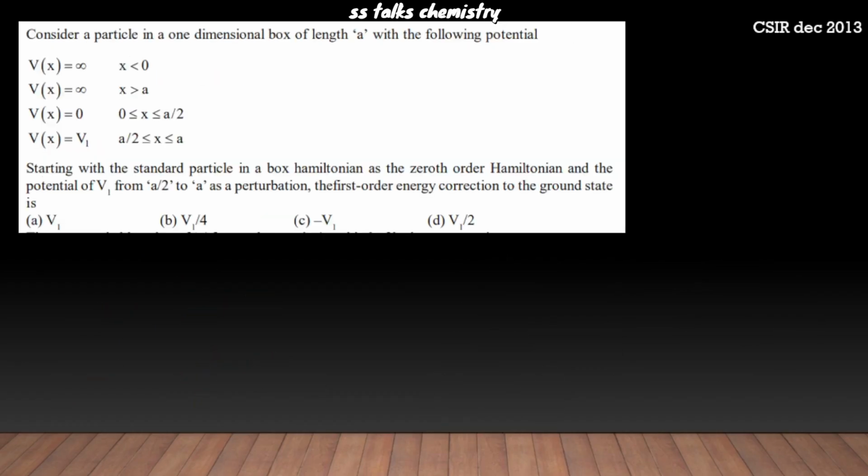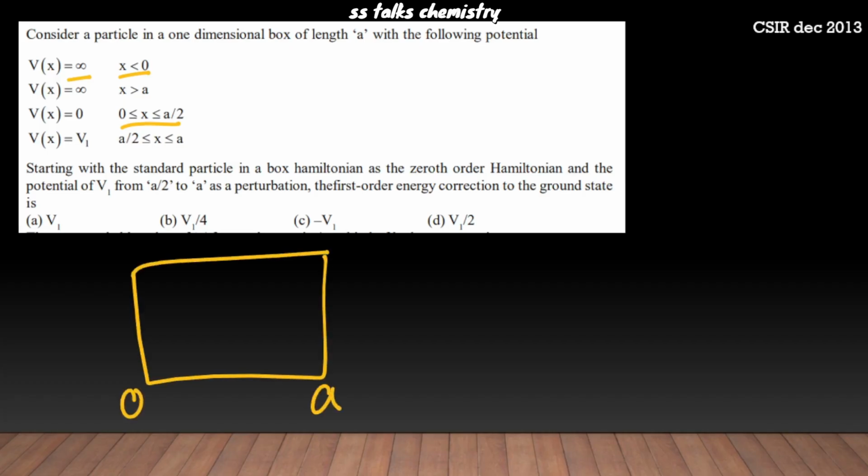Consider a particle in a one-dimensional box of length A with the following potentials. For x less than 0, the potential is infinity, and greater than A, infinity. Then for x lying between 0 and A by 2, it is 0. So here is the box, of length 0 to A. The potential beyond x less than 0 is infinity, and beyond A it is also infinity.